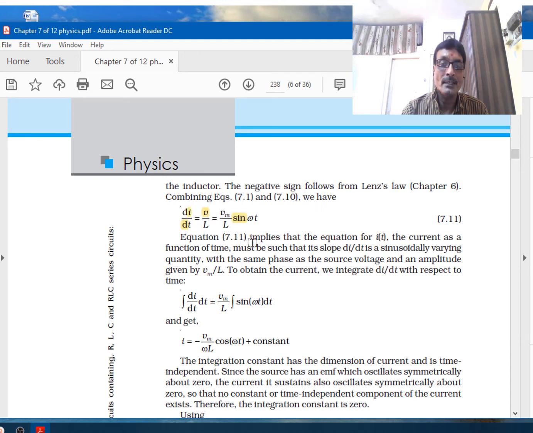So from this equation we can get that the equation for the current as a function of time t must be such that its slope di by dt is a sinusoidally varying quantity with the same phase as the source voltage and amplitude given by Vm by L. To obtain the current, we integrate di by dt with respect to time t.